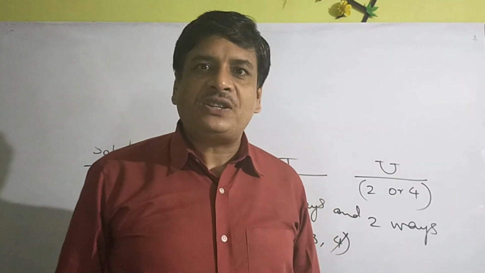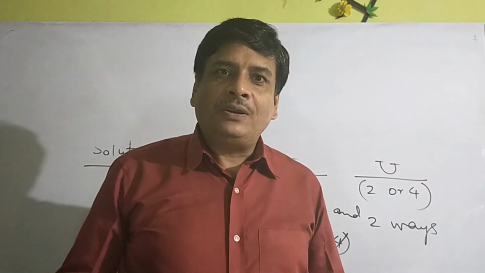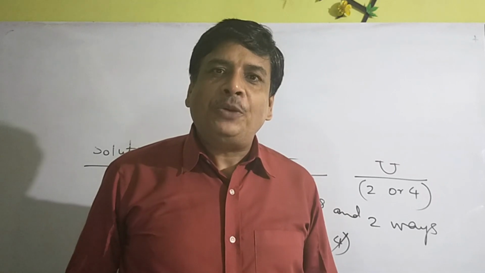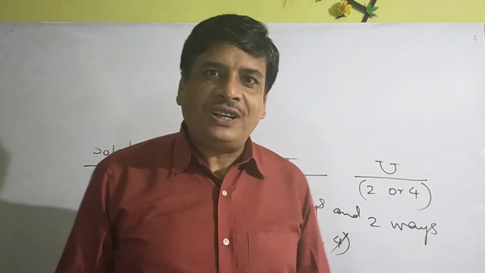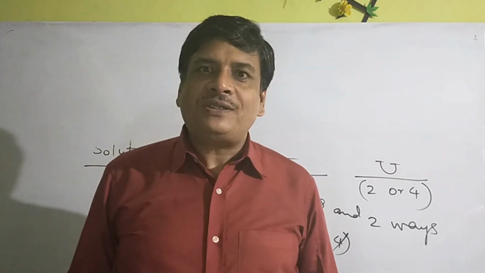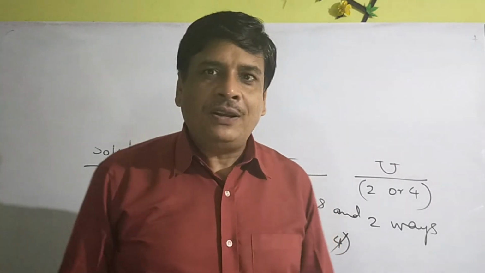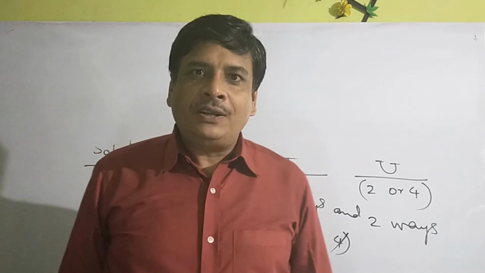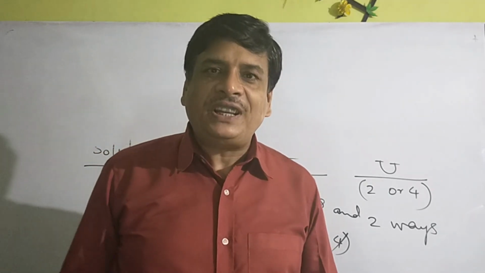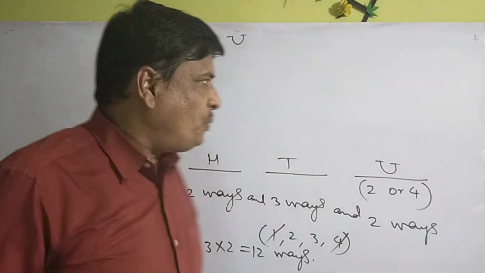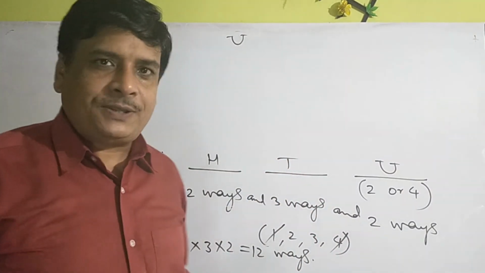So first we fill the vacant place on which the result depends, and the condition decides which vacant place is to be filled first. The condition is the number is even, and that is decided by the unit place. If the digit at unit place is even, then the number becomes even. So we first fill up the unit place.